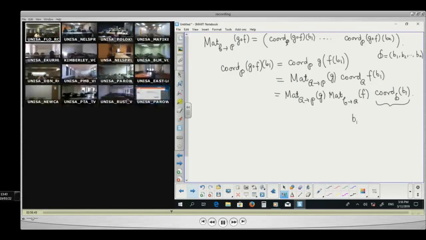You can write it in this way, obviously. 1 times b1 is b1. And this is the unique one because it's a basis. So the coordinates of b1 is nothing else but 1, 0, 0.